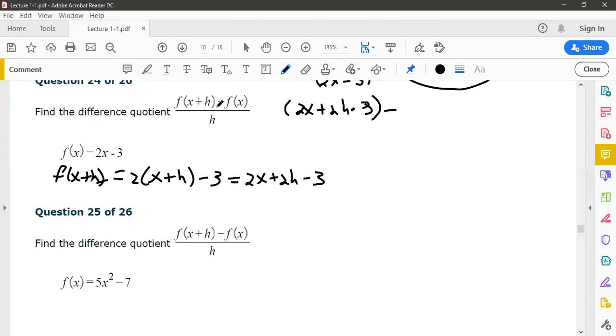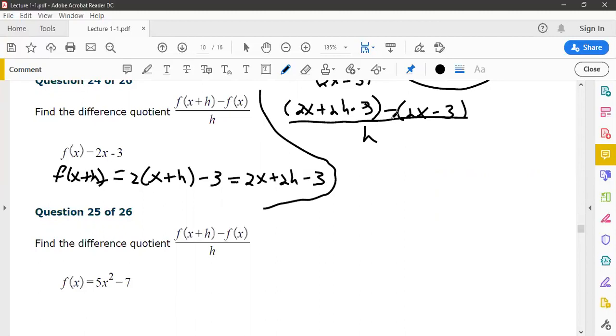Minus, because it's minus in the difference quotient, f of x. F of x is always given, so there's nothing you have to do there except write 2x minus 3 in parentheses. And that's all over h.